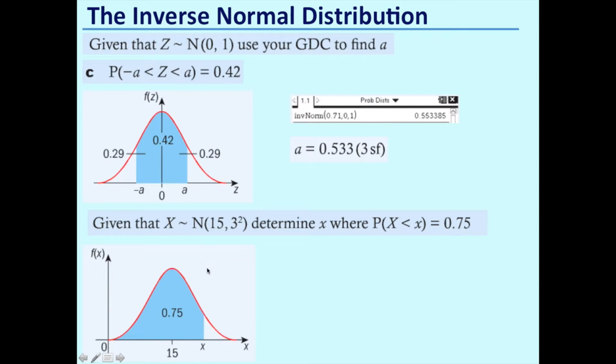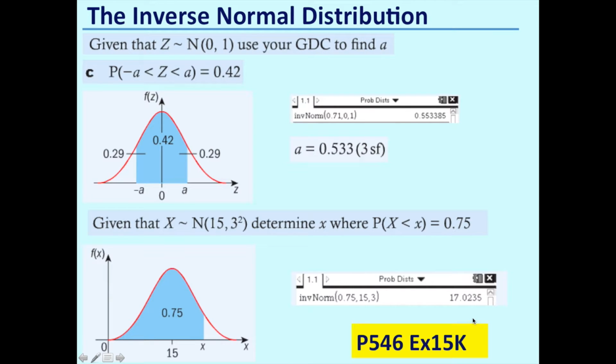We can still, however, calculate that using the inverse normal function on our calculator exactly the same way as we would have done here. The area to the left is 0.75. We can take that from the question. We know that the mean is 15 and the standard deviation is 3, and that gives us an answer of 17.0.